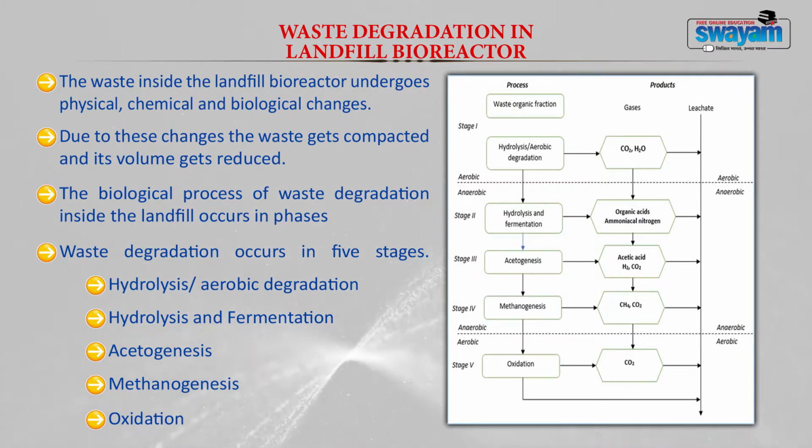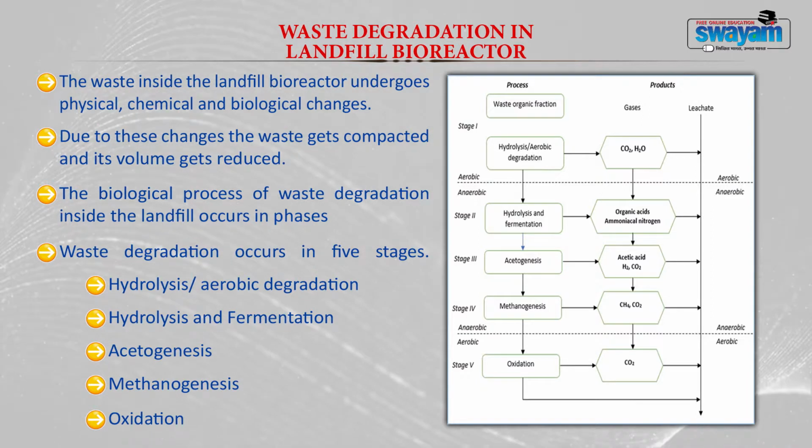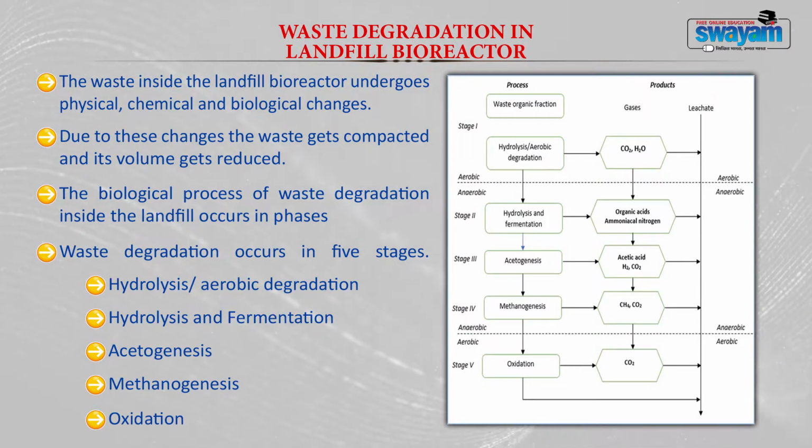Further, from stage 2 to stage 4, anaerobic degradation takes place, and here organic acids are produced, which are further consumed and converted into acetic acid, and this acetic acid is further converted into methane and carbon dioxide in the methanogenic phase by methanogenic bacteria. Finally, once again oxygen enters the system, and it undergoes aerobic degradation and converts into carbon dioxide.